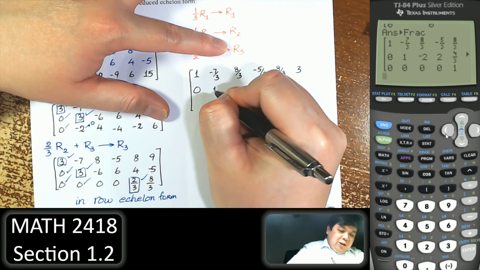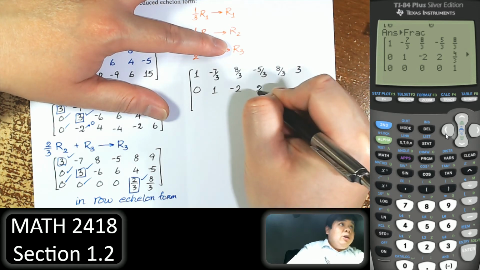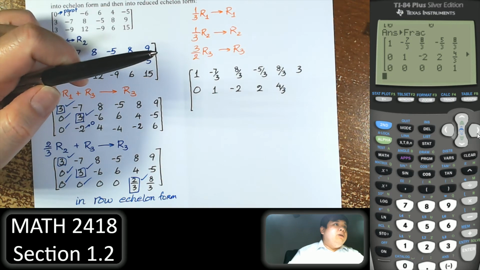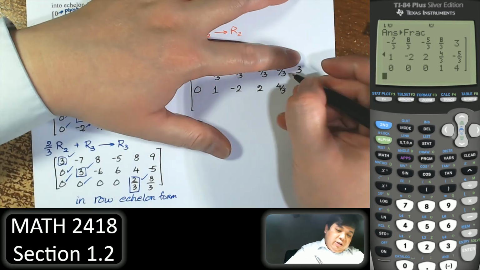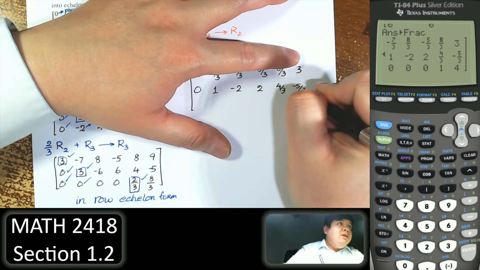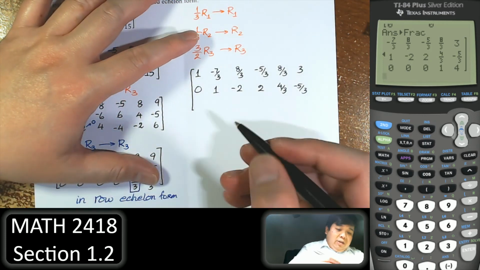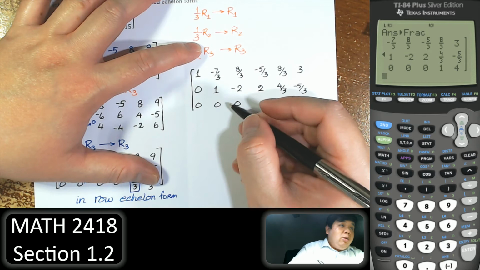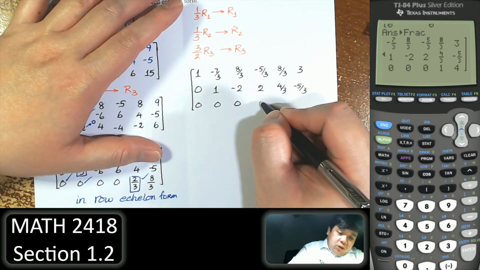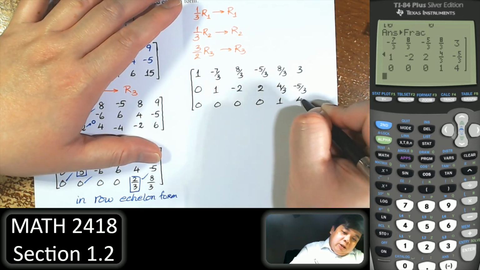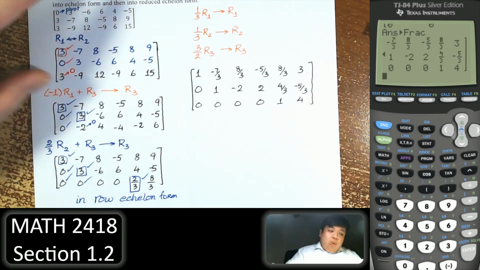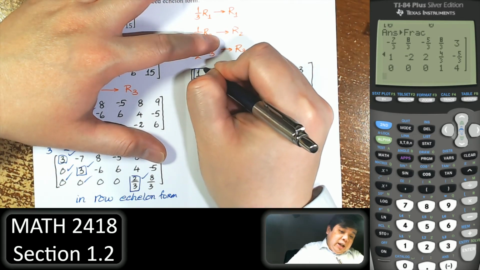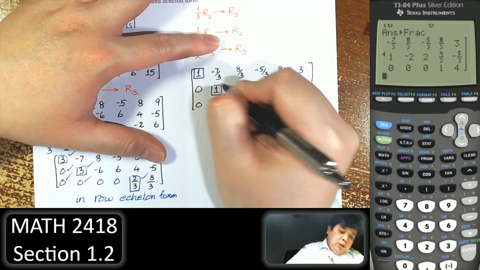Zero, 1, negative 2, 4 thirds, and negative 5 thirds. And then everything will be 0, 0, 0, 0, 1, and 4. Right. So we do have the pivot entry, the leading entry now become 1, which is good.